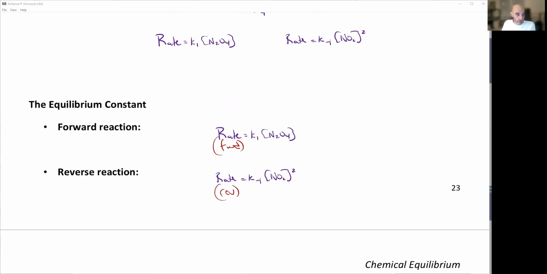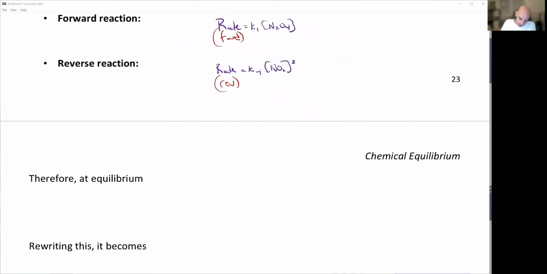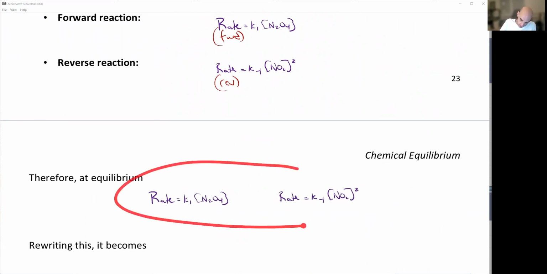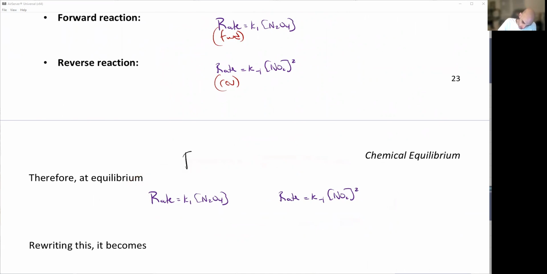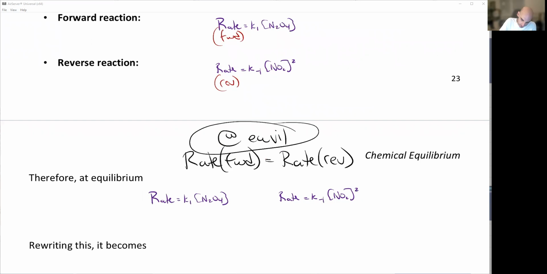All right, great. So what do we do with that? Well, at equilibrium, if these are equal to one another, what we know is that rate of the forward equals rate of the reverse. Again, this is all at equilibrium, right? So at equilibrium, rate of the forward equals rate of the reverse, which ultimately means that these two things are equal to one another.